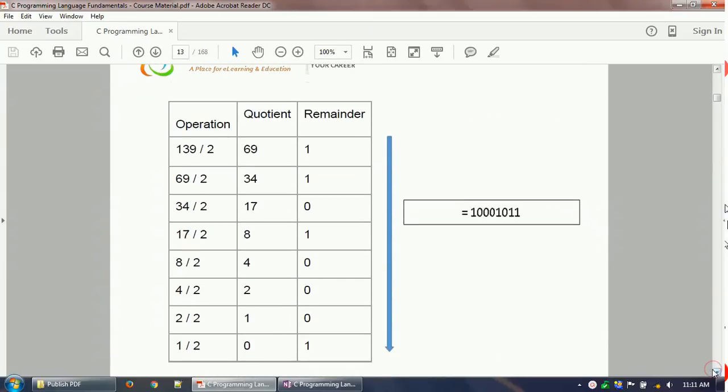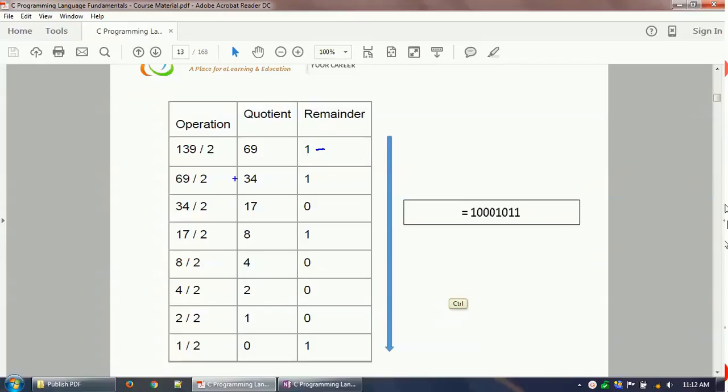What is happening here is we divide the decimal value, which is 139, by 2. So we get a quotient of 69 and a remainder of 1. So this is our least significant bit.